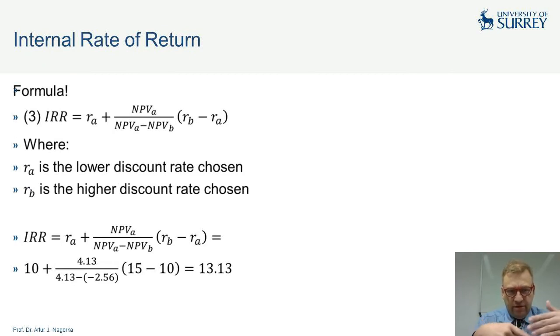So it gives us the proportion, and then it's multiplied by the difference in rates. Please check that you have exactly the same thing, because this is the formula that brings us as close as possible to this magic internal rate of return.